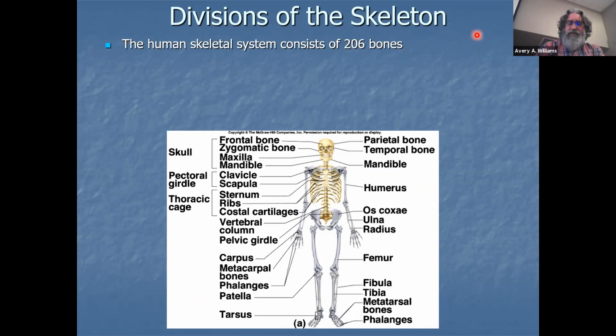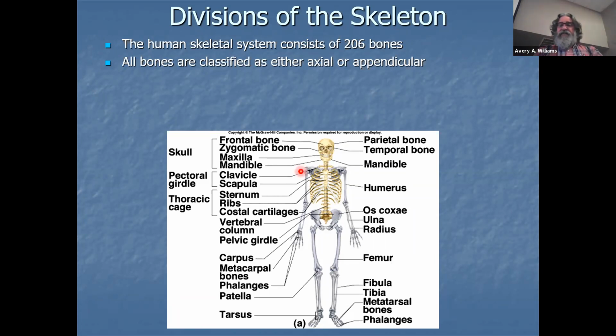Now, let's see. All the bones, you see this illustration I have here. See how it's kind of color coordinated? It's got blue and kind of bone colored. There's two parts to it. All the bones are either classified as axial or appendicular.